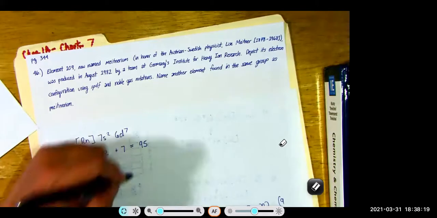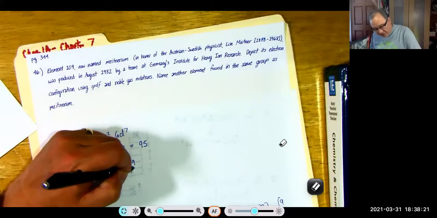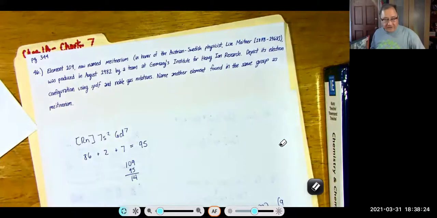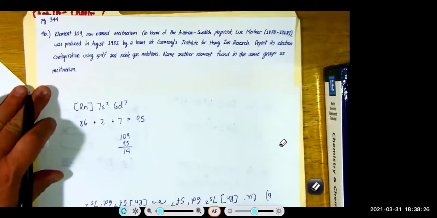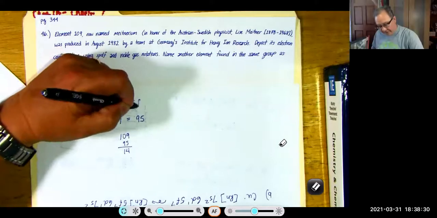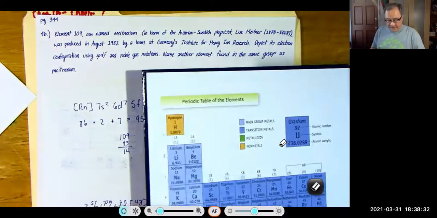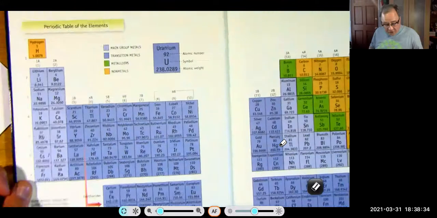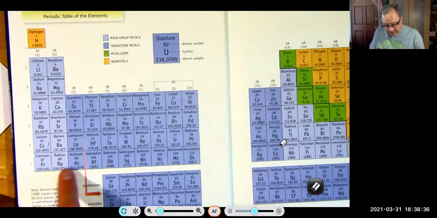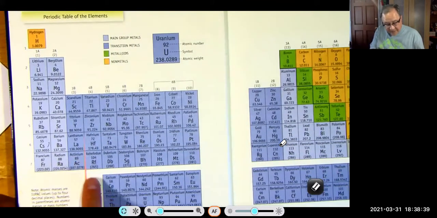So if you look at the 109 and the 95, you're missing 14. Which 14 are you missing? 5f14. So you've got to remember here that when you're going from here to here, you actually have to read it off the periodic table.